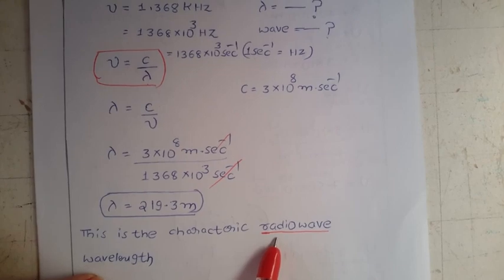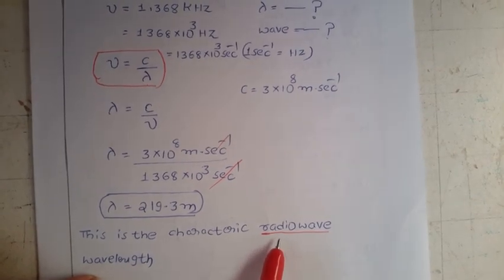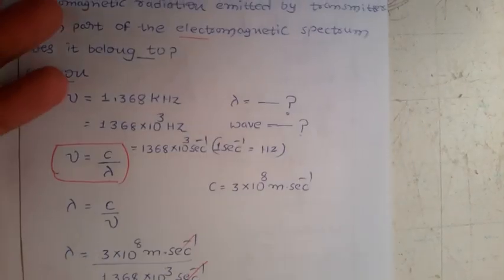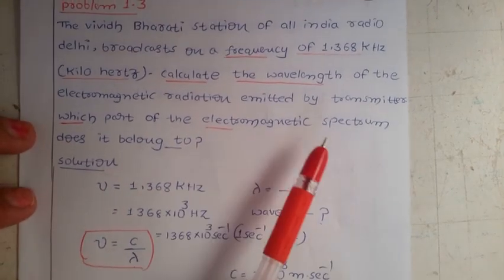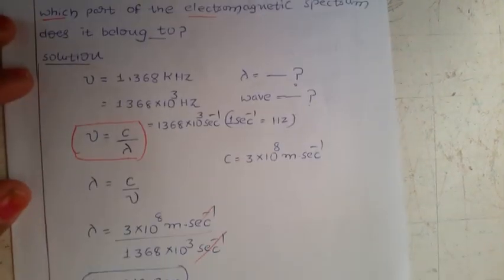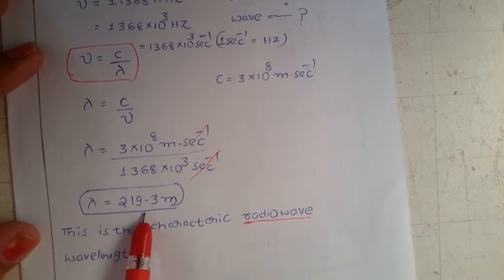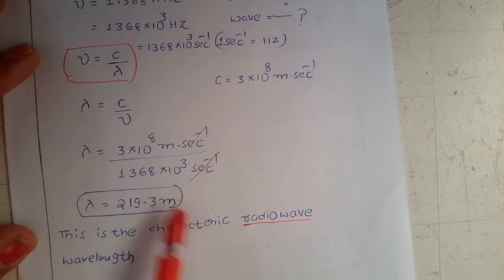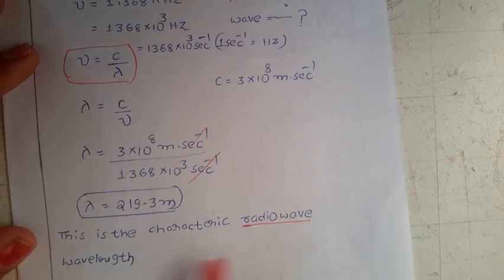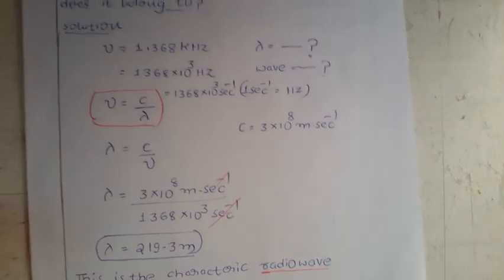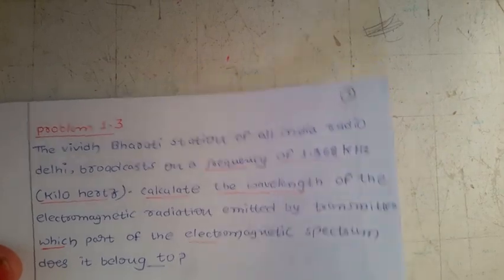Generally without any knowledge, if you think from radio station, which type of waves are coming? Radio waves only, na? So without any knowledge also we can tell, without seeing this value, the wavelength is radio wave wavelength. Okay, this is the first numerical problem on the electromagnetic radiation. Come to the next.